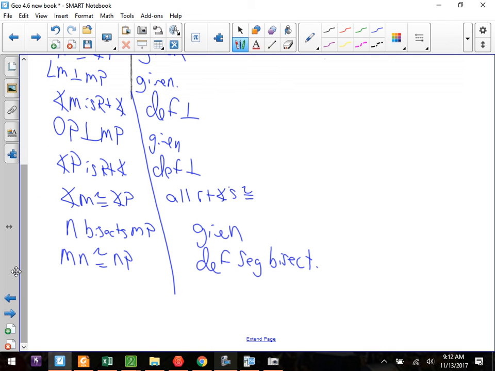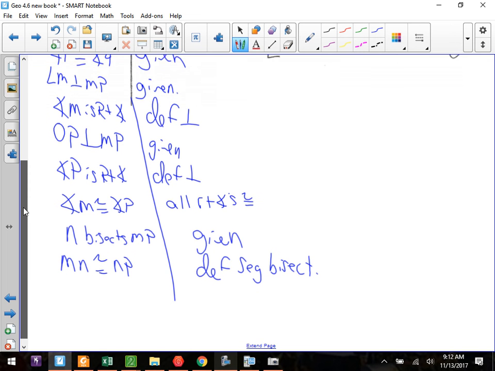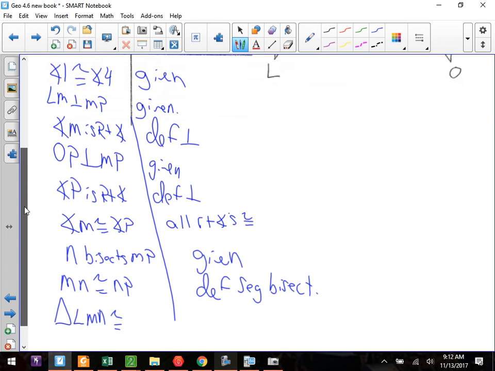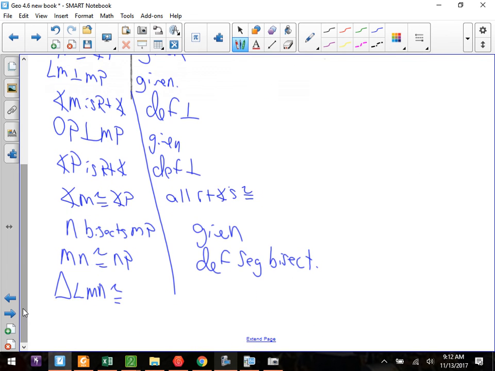So your triangles then became L, M, N. As long as it's consistent with the other one, as long as they match up, it's fine.